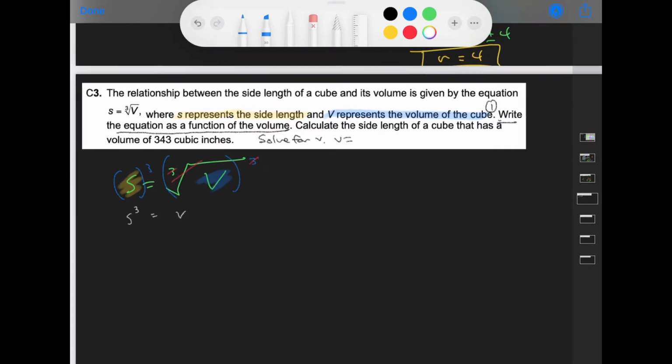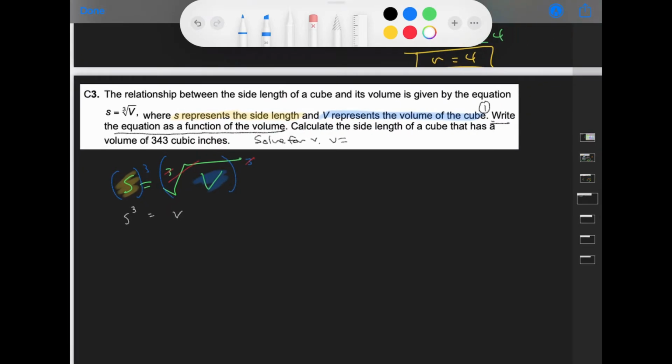Calculate the side length. I guess you really didn't need that, but let's write that volume formula again. S equals cube root of V. Calculate the side length. So this here is an unknown, right?